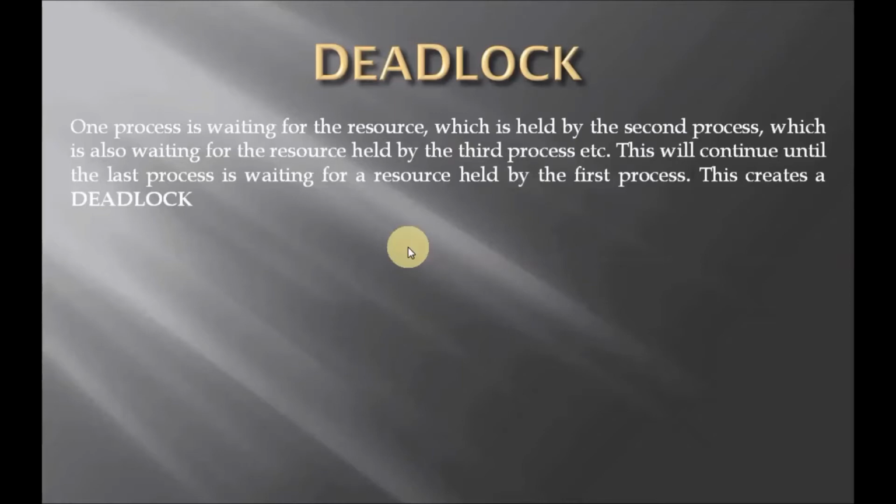The first process is waiting for the resource that is held by the second process, and the second process is waiting for the resource that is held by the third process. In the same way, the third process is waiting for the resource that is held by the first process. Don't get confused. I will take an example, then you will easily understand.